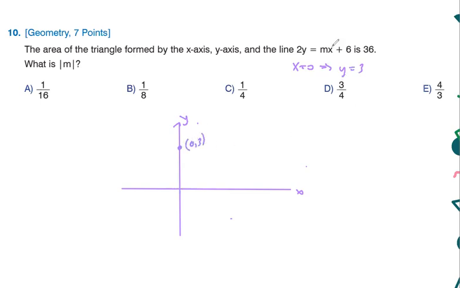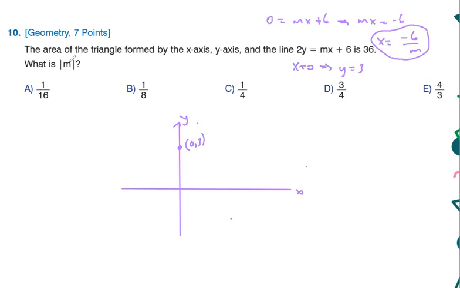And if I plug in y equals 0, that should be 0 equals mx plus 6, and mx would be negative 6. If I divide both sides by m, the x value would be negative 6 over m.